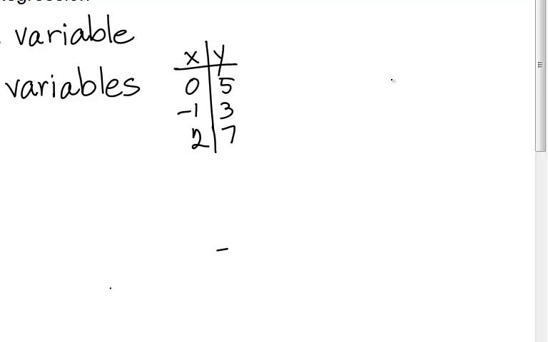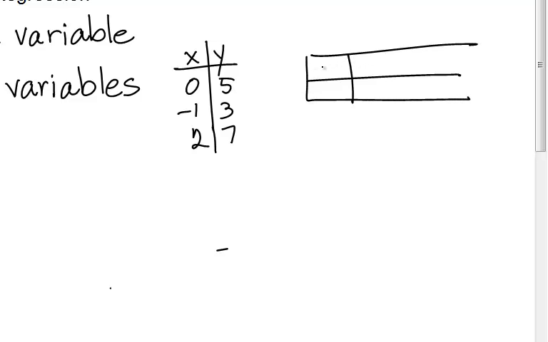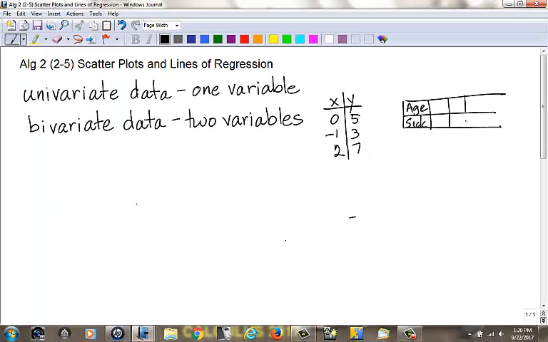Sometimes in the book, the author makes a table going across and says, compare the age and the number of sick days or something like that, with the data going across. So look at how they're putting it in the problem.